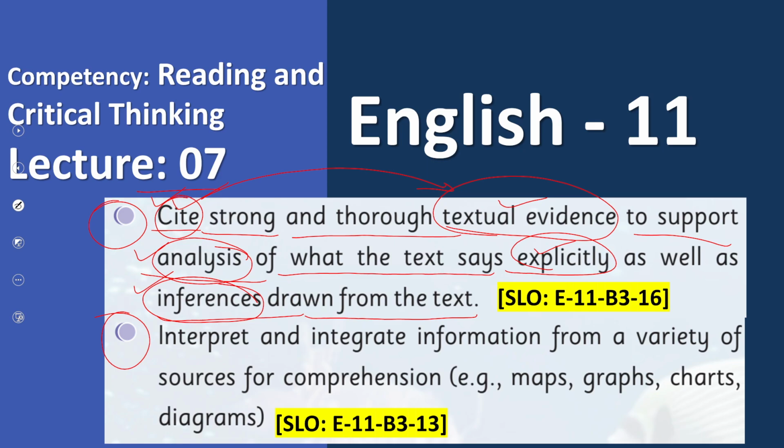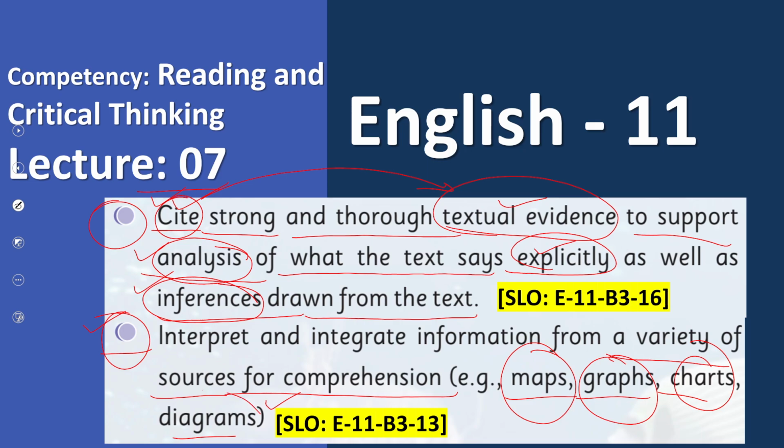Next is our reading comprehension SLO again, but this time we are going to talk about getting information, integrating or interpreting information from a variety of sources. Other than the text, other than the passage, we have other sources like maps, graphs, charts, and diagrams. We understand and study these different sources to get our information.